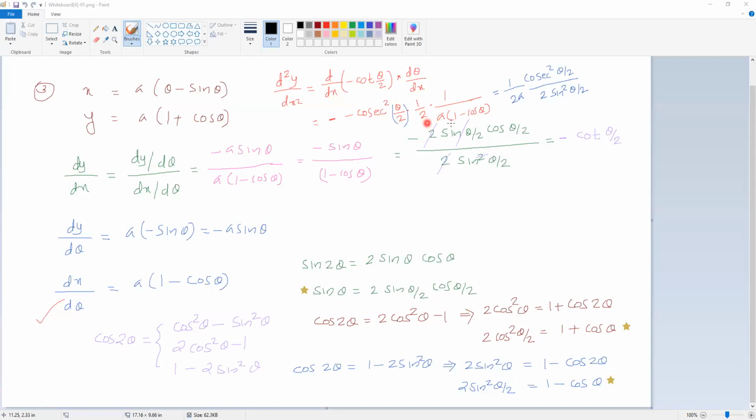So 1 by 2a, minus into minus is plus, 1 by 2a cosecant square theta by 2 divided by 1 minus cos theta, which is 2 sin square theta by 2. So this equals 1 by 4a, and sin square theta by 2 goes to the numerator, so it becomes cosecant square theta by 2. So this is cosecant to the power 4 theta by 2.